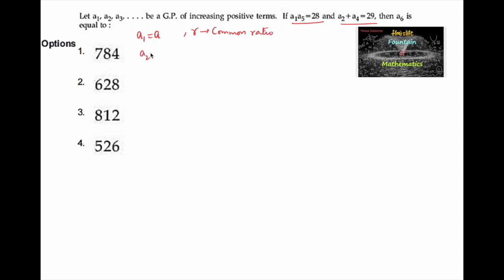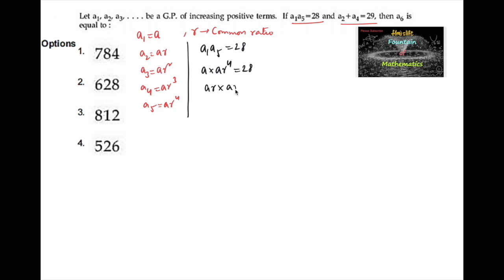So then we can write A2 is equal to ar, A3 is equal to ar square, A4 is equal to ar power 3, and A5 is equal to ar power 4. And it's given A1 A5 is equal to 28. So we can write a into ar power 4 is equal to 28. So this can also be written ar into ar power 3 is equal to 28.